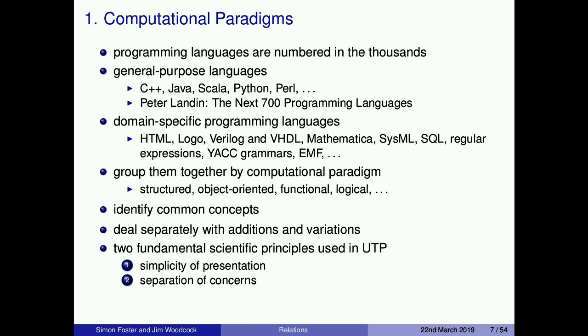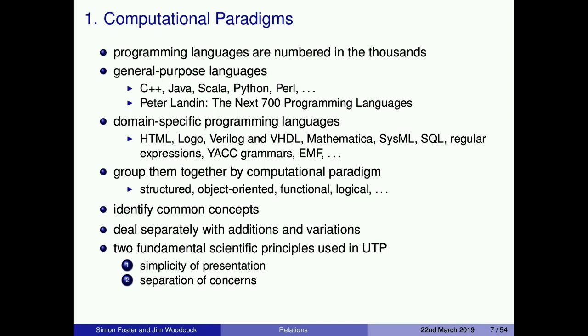So there are two fundamental scientific principles used in UTP: simplicity of presentation and separation of concerns. We want to boil these computational paradigms down to their simplest form, and we want to separate out the separate concerns.